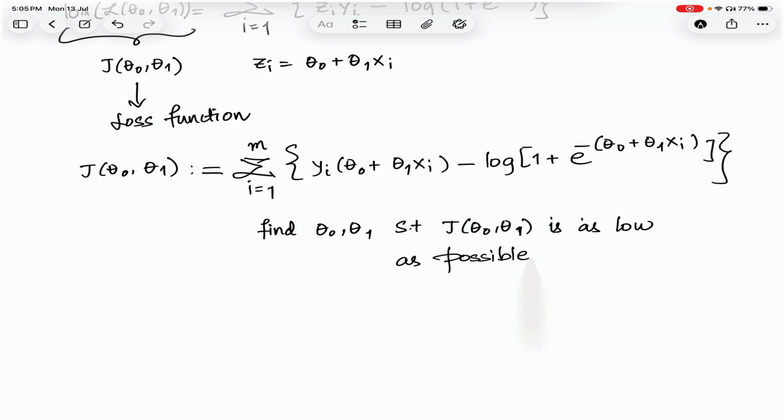So our objective is to minimize j. There are no constraints as of now, and our approach will be the same, gradient descent.